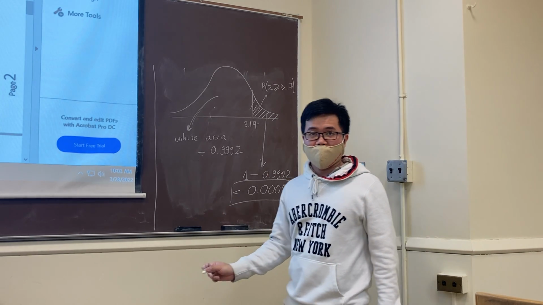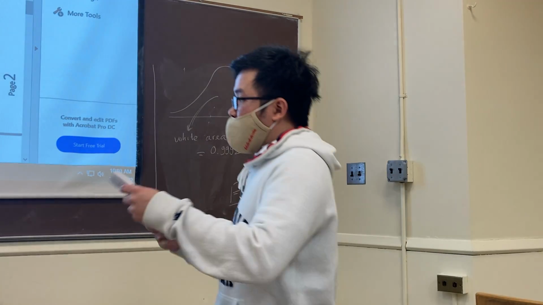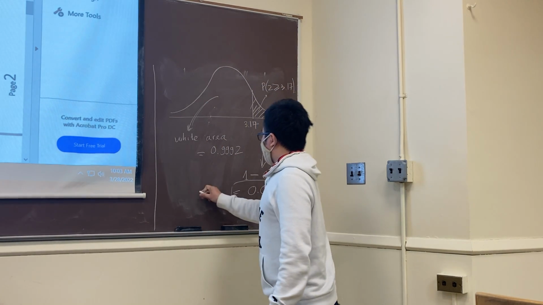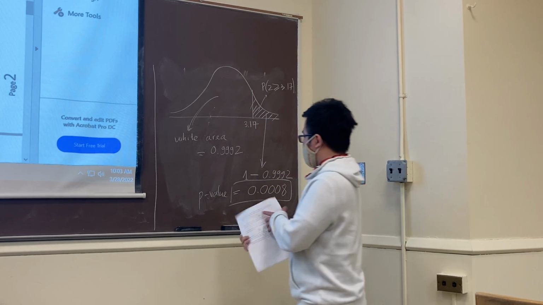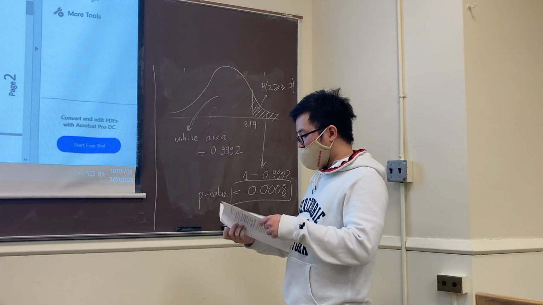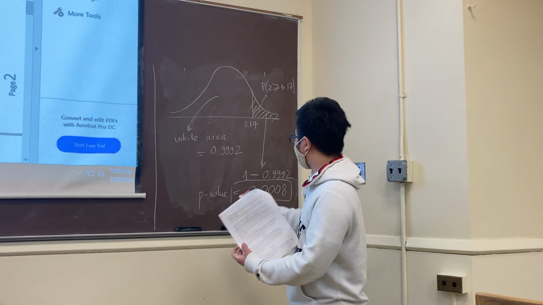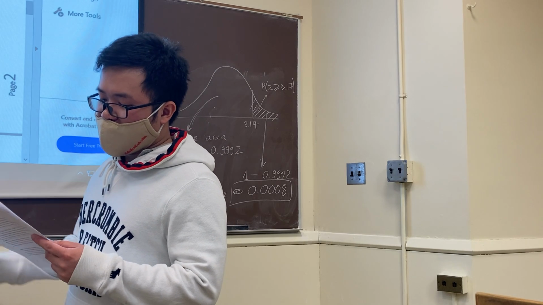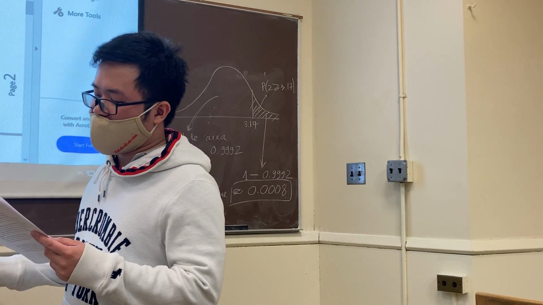Is it clear, guys? That is how to find the probabilities. So the p-value here is approximately 0.008. When we have the p-value, we need to compare it to the level of significance.